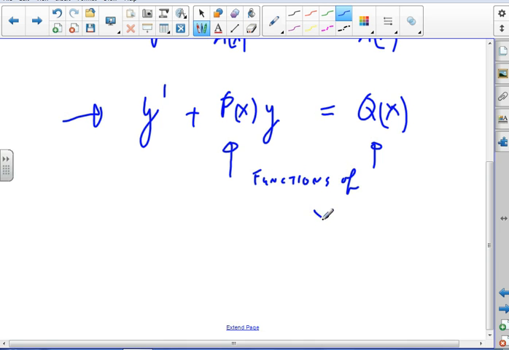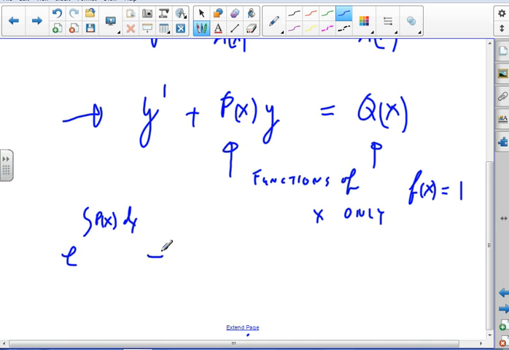They could be 1, they could be 2, they could be a whole number. f of x equal to 1 would still be a function of x, even though there are no x's on the right-hand side of that equation. If I can do that, then I can take e to the integral of P(x) dx.